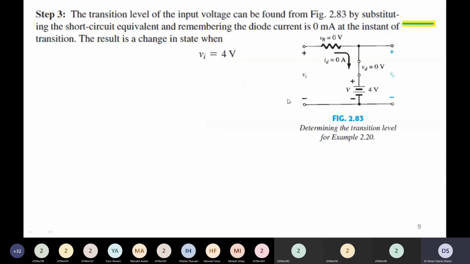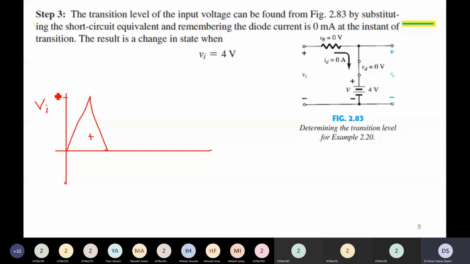So in the next slide, what we see is that we are giving the positive part of the input voltage. This is V in.